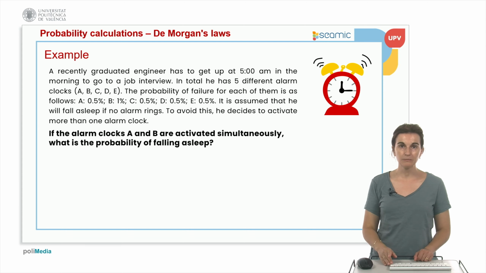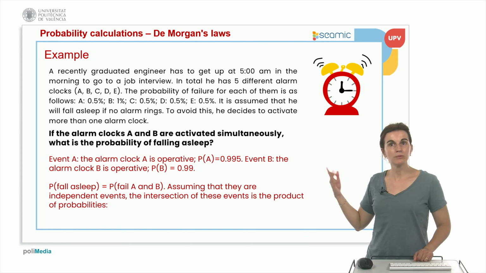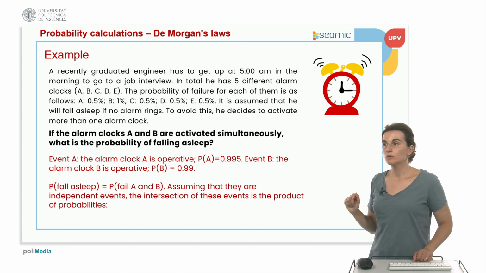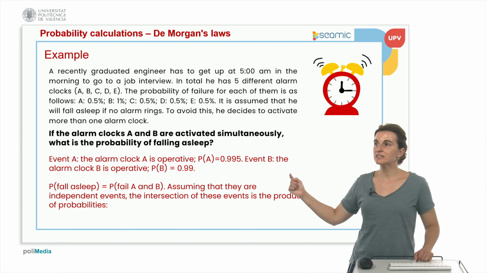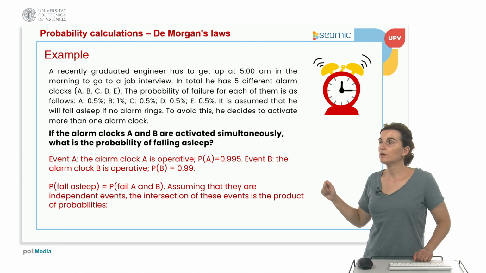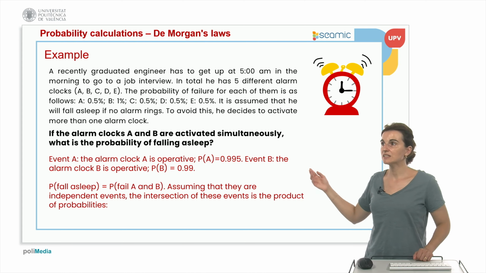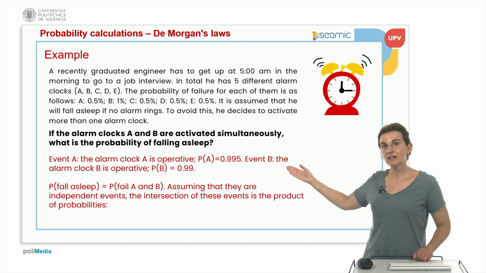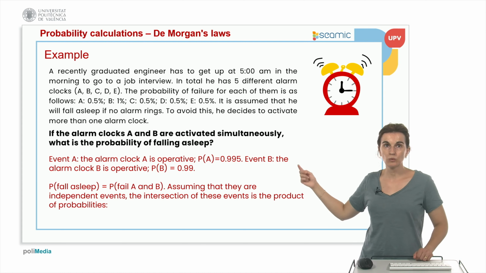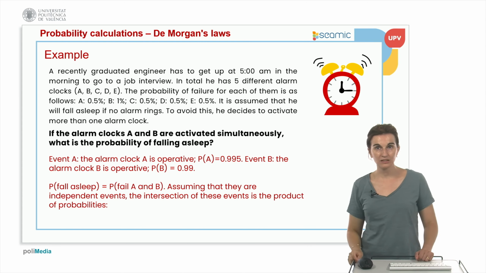We would define P of A and P of B, as we studied some videos before. We will say event A is that the alarm clock is operative, so it works well. And we know that the probability of A, that the clock works, is 0.995. Why? Because this is 1 minus 0.005, which was the data given in the problem.